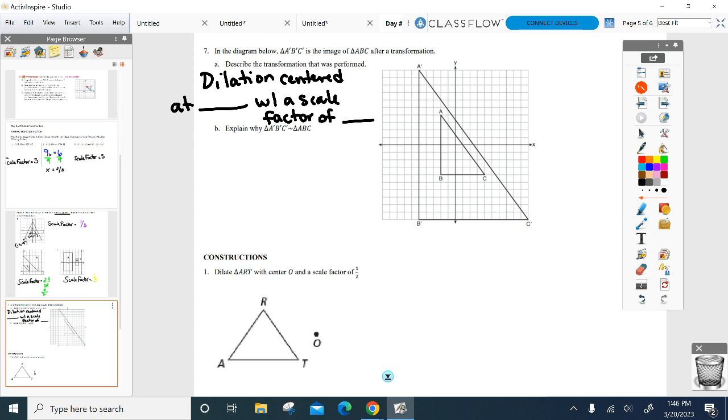Definitely the scale factor should be bigger than 1, right? We're getting slightly larger here.